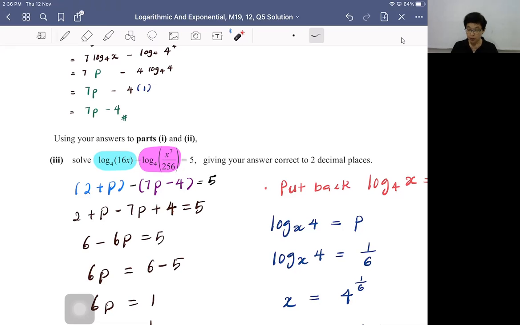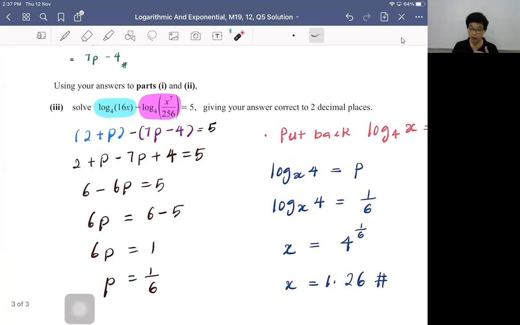Well, from here, we know that there is an equation. Yes, without further ado, we will just open up the bracket and expand them. So negative 7p, and you get positive 4.